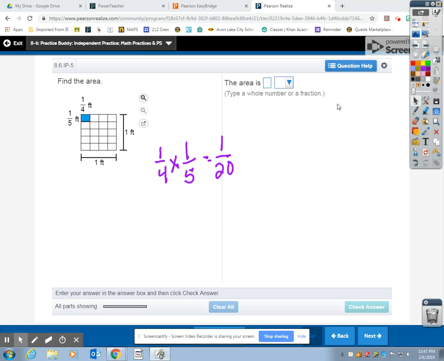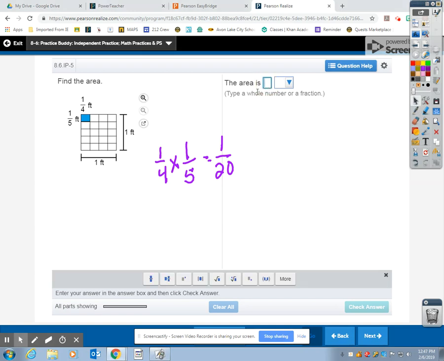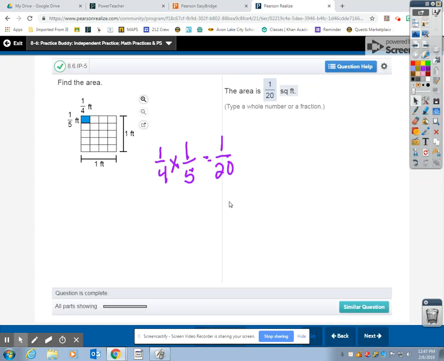The answer should be 1/20. So I'll type in 1/20, and then I need to change that into square feet, because remember, today we're dealing with area, so everything in area is going to be in square units. We'll check our answer. We get a good job.